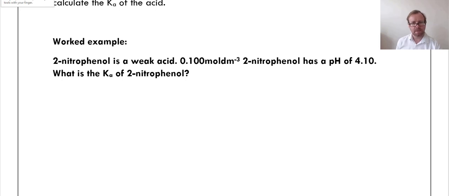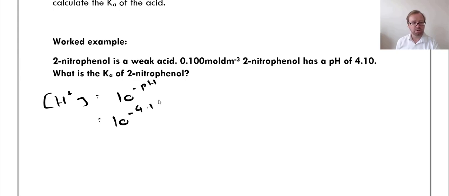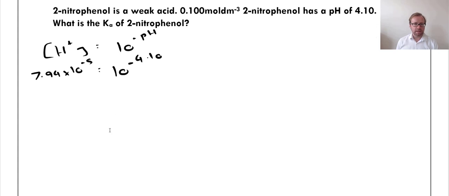I have a pH here, so my H+ concentration equals 10 to the minus pH, so 10 to the minus 4.10 gives me a value of 7.94 times 10 to the minus 5. Now I can add this to my Ka expression.